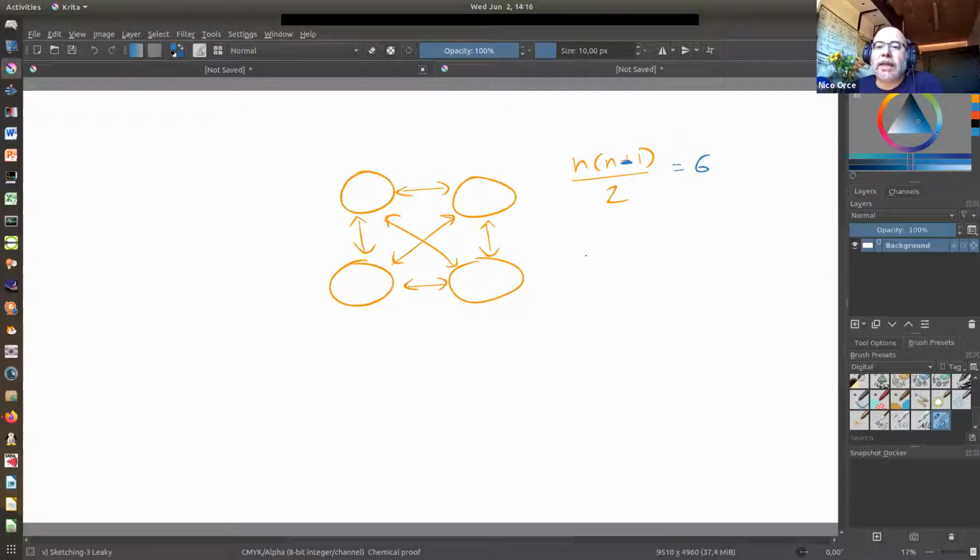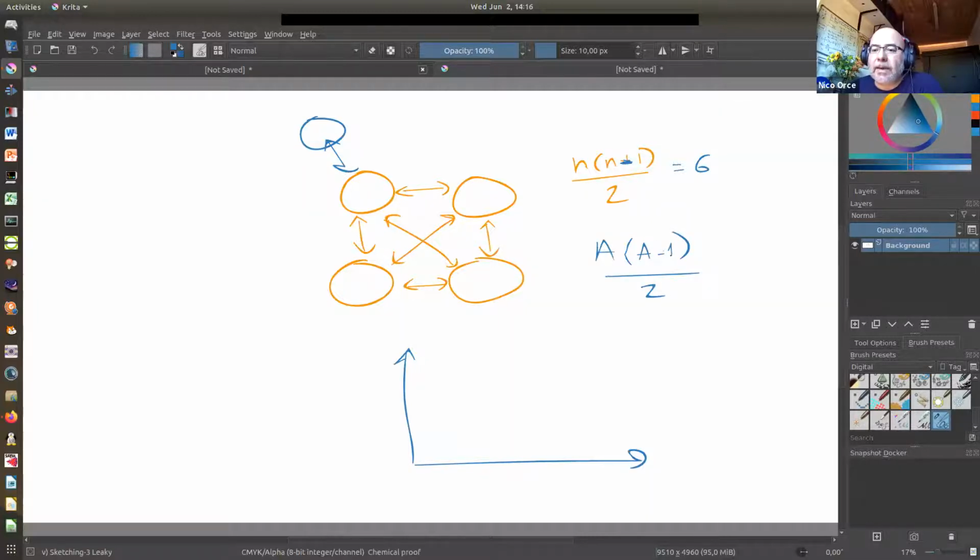So in the binding energy curve, if we have all these interactions, obviously the more particles, the more interactions you will have. And eventually the binding energy is expected to change as A times (A minus 1) over 2, depending on how many particles you add to the nucleus.